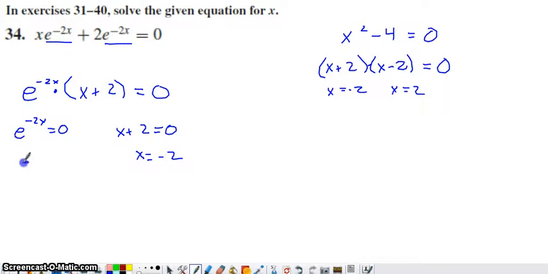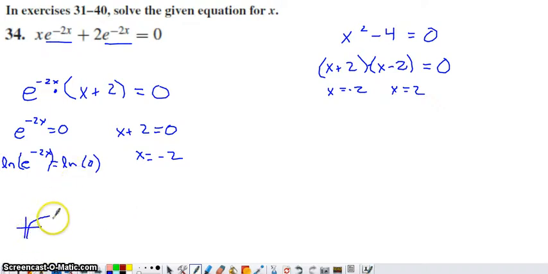This solution is going to be a little bit more troublesome because what we're going to have to do is undo this natural exponential. And so if we take the natural log of each side, what you need to recognize here is that the natural log function is actually undefined at 0. If you think about the graph of the natural log of x, the natural log of x looks like this.